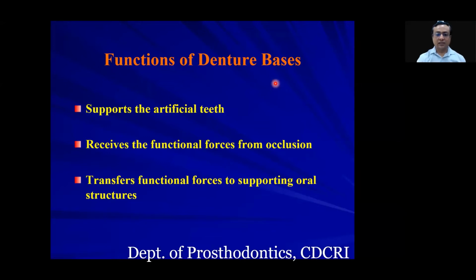Then the denture base transfers the functional forces to the supporting oral structures. If it is a tooth-supported partial denture, then those forces are mainly transferred to the abutment teeth. If it is a tooth and tissue-supported partial denture, that is a distal extension partial denture, then those forces are mainly transferred to the underlying soft and hard tissues.